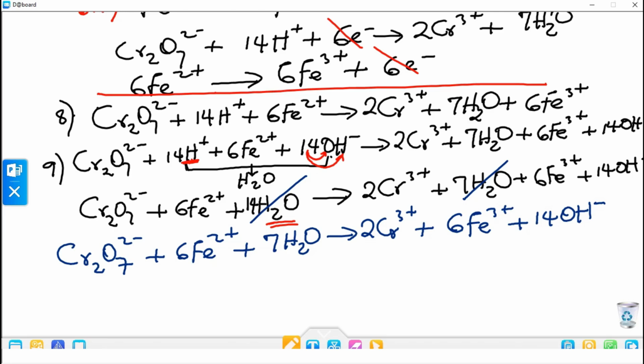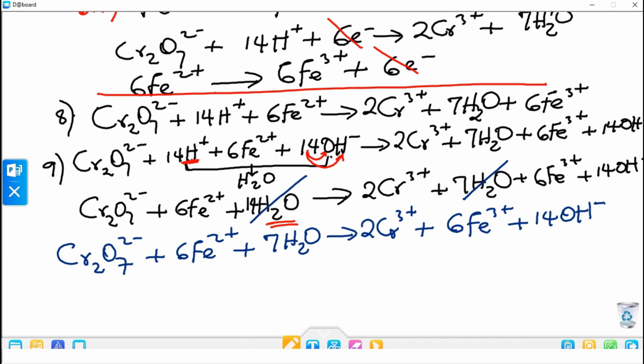So this is how to balance redox reactions in either acidic medium or basic medium. We have seen the first example is only in acidic medium. And in this second example, we can see that our balancing in acidic medium stopped at step 8. Then from step 8, we proceeded to step 9. And we said that to balance it in step 9 is simply to add OH on both sides of the equation.